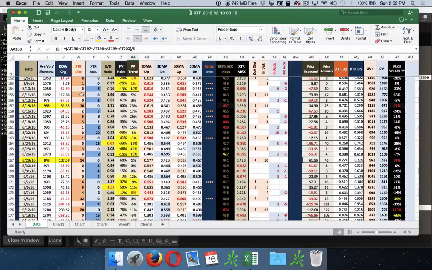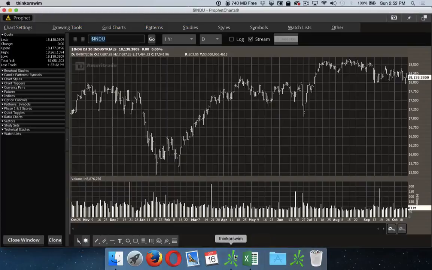We also had some huge numbers up here. The distribution alone on the 11th and the 15th would have given us pause, showing that right in here, there was a tremendous amount of distribution going on.